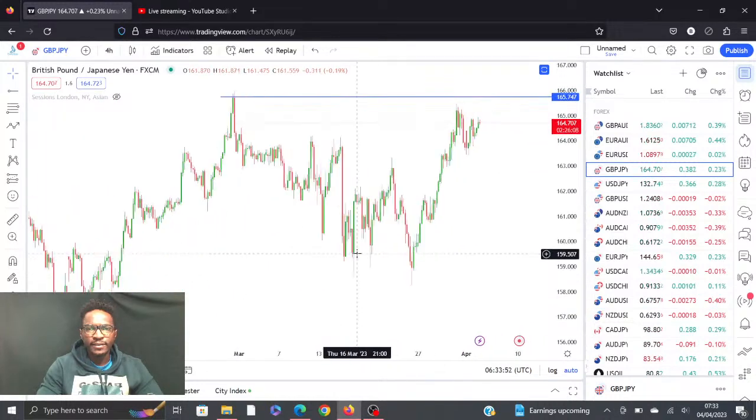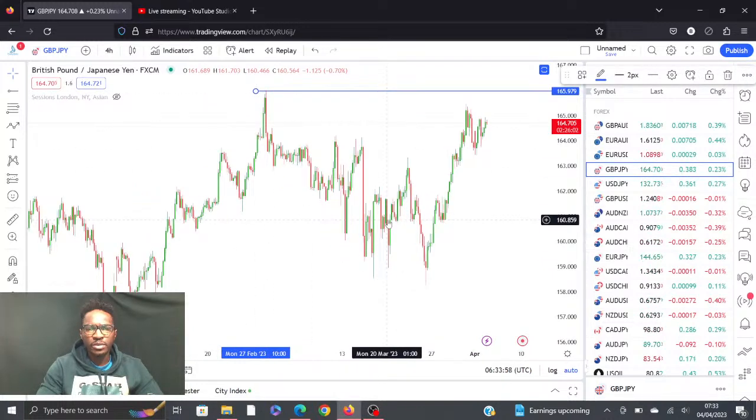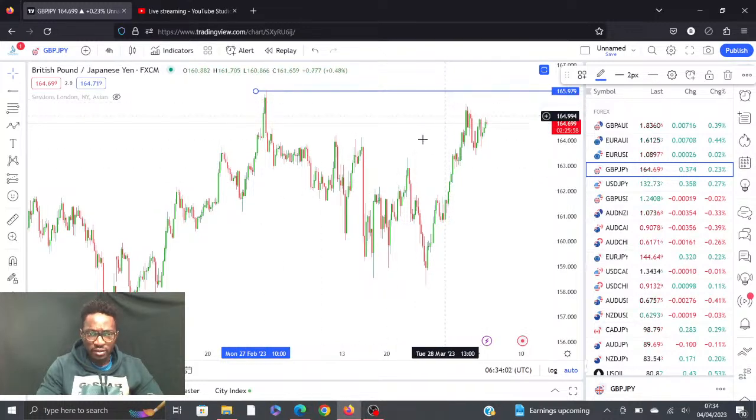We're probably gonna have a potential for a short trade on the pound soon, simply because the market is approaching that previous structure level, and this has been extended quite a while.